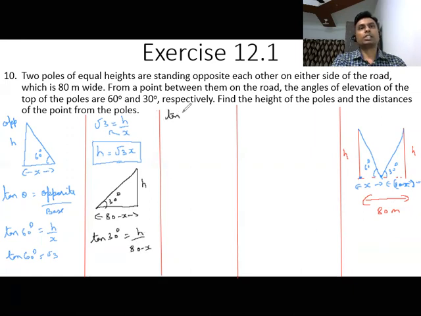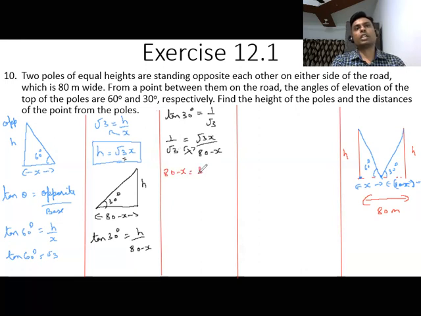Now tan 30 is 1 by root 3. So 1 by root 3 is equal to h. What is h? We already got h: root 3x divided by 80 minus x. Cross multiply, you will get 80 minus x is equal to root 3 into root 3x, which is 3x.